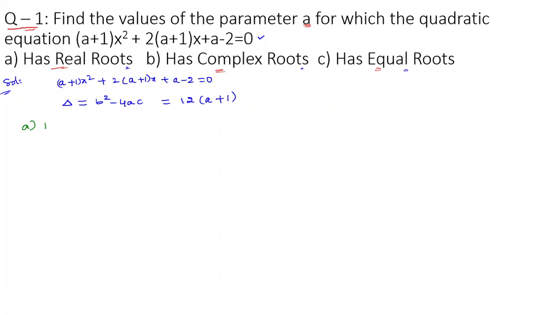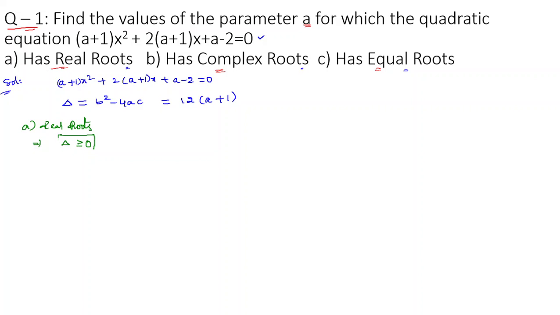So the first is real roots. So when does an equation have real roots? An equation will have real roots only when its discriminant is greater than or equal to 0.